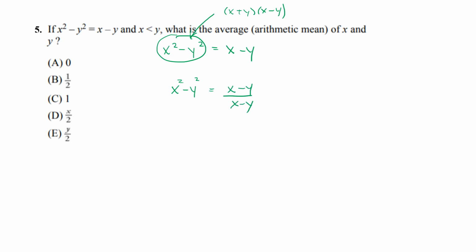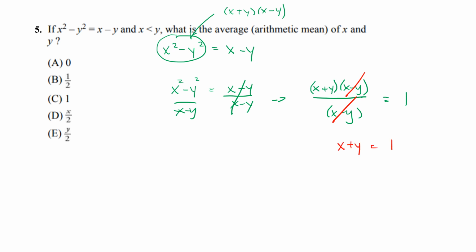Divide both sides by x minus y, okay? That gets us, I'm going to factor out the top now, x plus y times x minus y over x minus y equals 1. Okay? And as we've said now, these two are the same, x minus y, those are identical. So we know that x plus y equals 1.